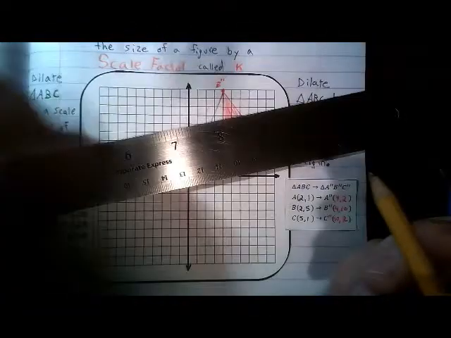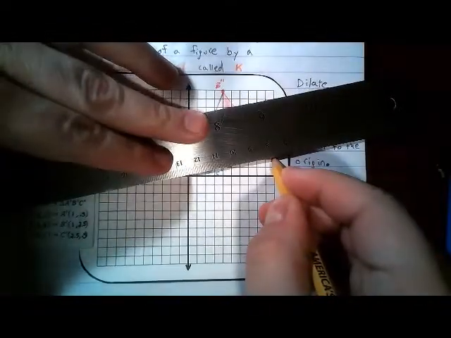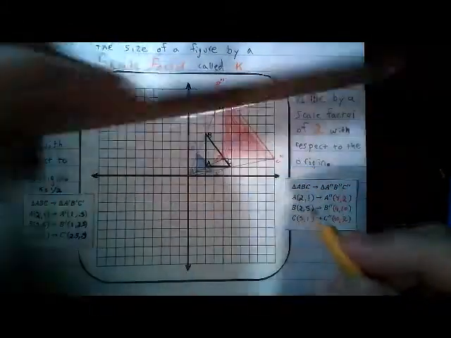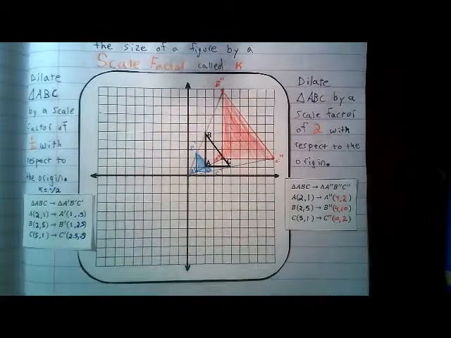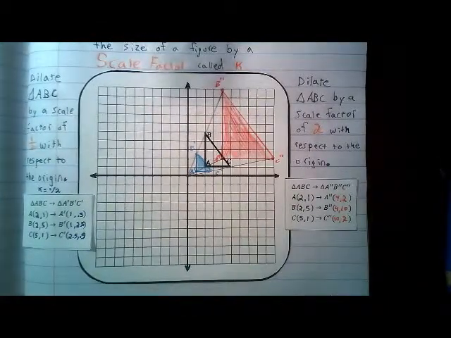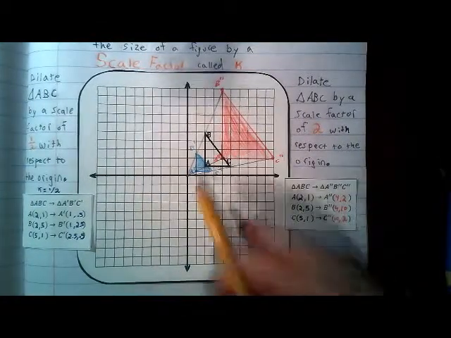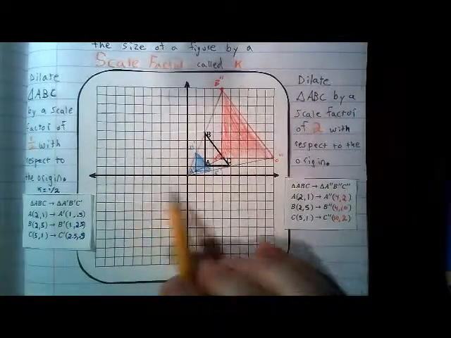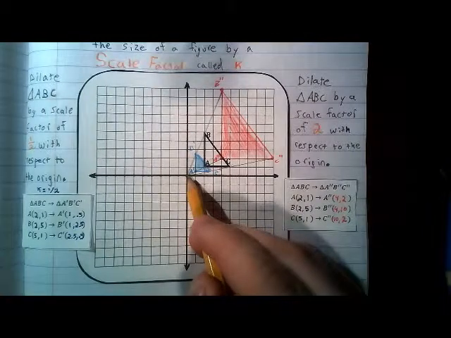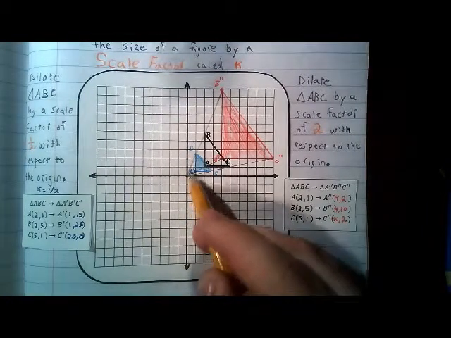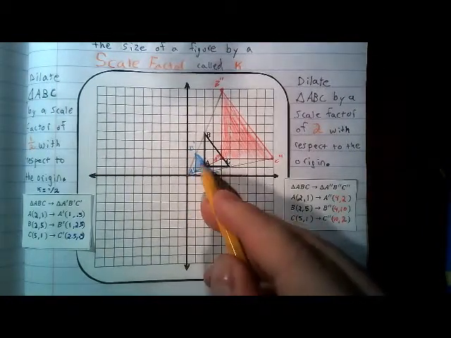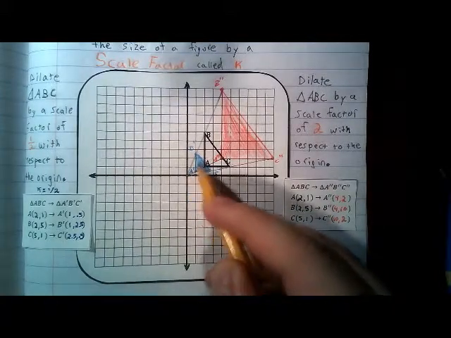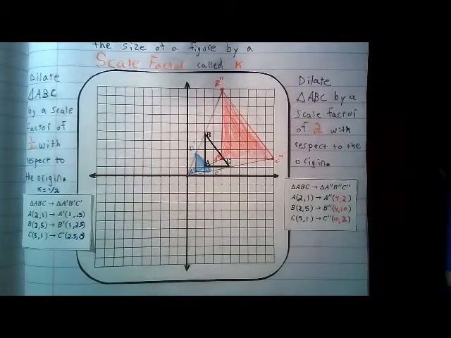Same thing for C. A line through C's also goes through the origin. So with respect to the origin, everything is kind of starting from here and either going out or coming in. Kind of think of it like the singularity of a black hole. Things either pull towards it and reduce, or they blow away and get enlarged. That's how I think of it.